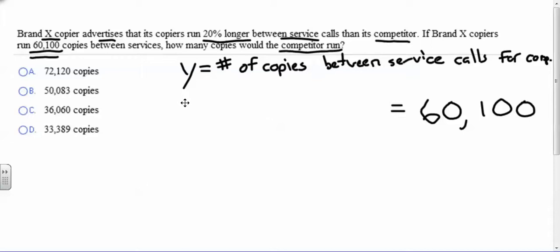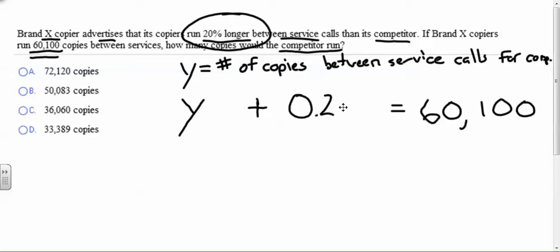So to write an equation, we would take y, which is the number of copies from the competitor between service calls, and as the problem states, we add 20% more than y to it in order to get up to x's. So we take y, plus, since it's longer, we're going to add 20% as a decimal is 0.2 or 2/10 of y.